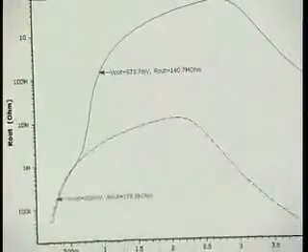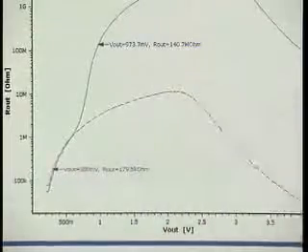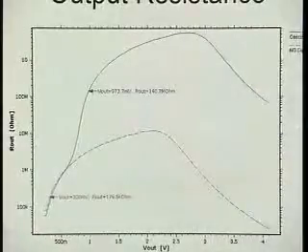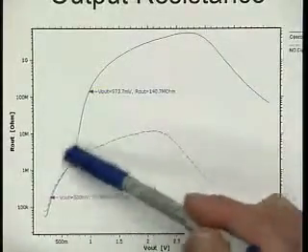Okay, so I just did a quick check, right? Of course, this is the output resistance without cascode, and then the cascode improves the output resistance. And of course, there's a question.